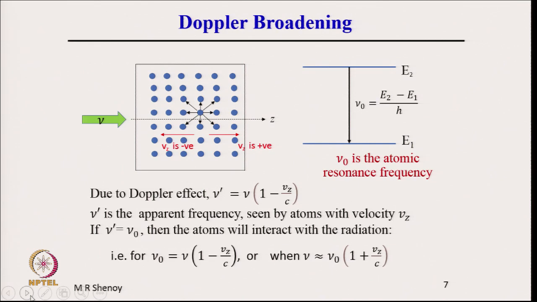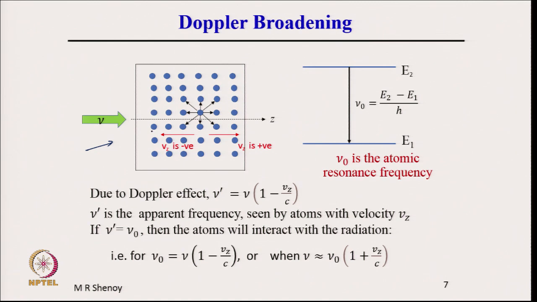inhomogeneous broadening, and as I mentioned, we will take up the Doppler broadening. I have already discussed in the last lecture while indicating the classification, a radiation of frequency nu incident along the z direction.